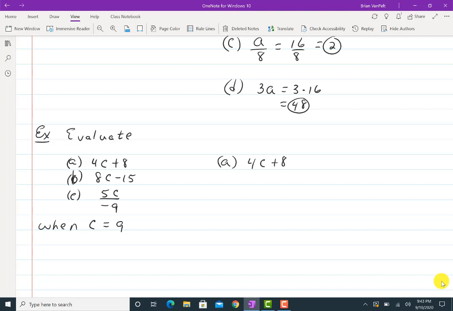4c means 4 times C. So when I replace C with 9, I'll have 4 times 9 plus 8. Now, once you have all the numbers, you follow the order of operations. 4 times 9 will be 36, and that should equal 45.